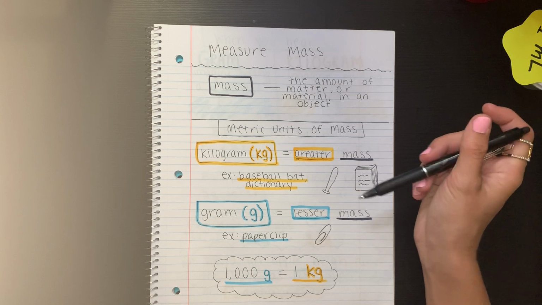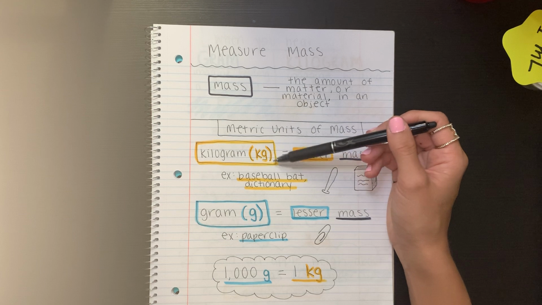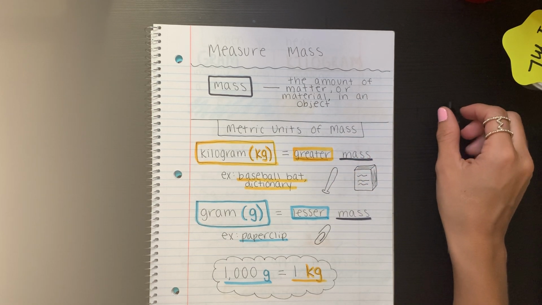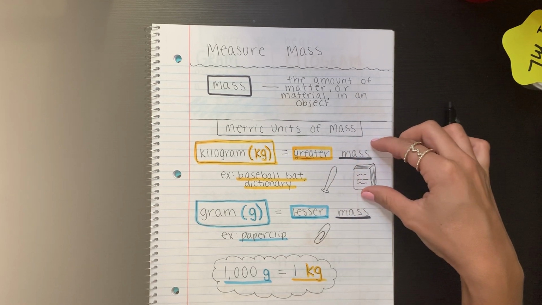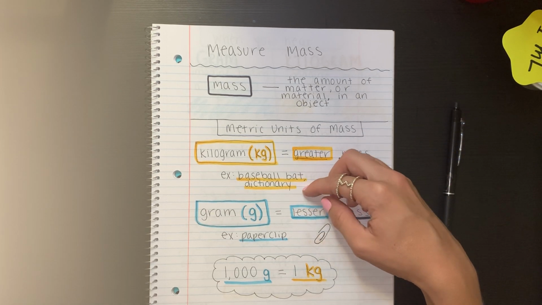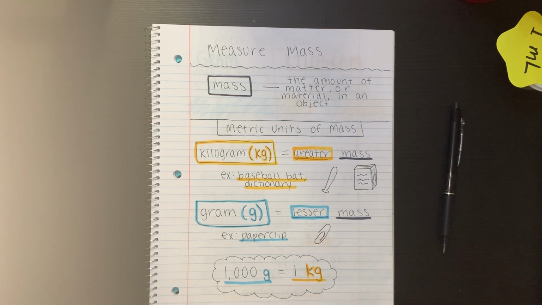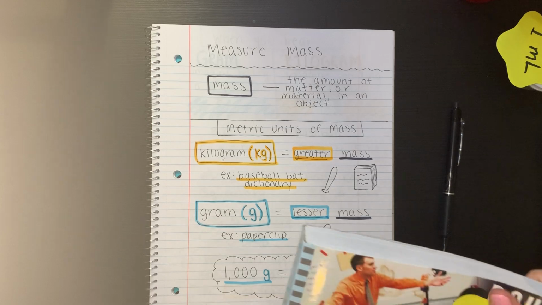One of those is kilogram, labeled kg, both lowercase, and that's when you're talking about a greater mass. My example is a baseball bat or a dictionary. It doesn't have to be a dictionary, but we were just trying to give a good example for something that would be a little heavier, more dense, and have more mass to it.